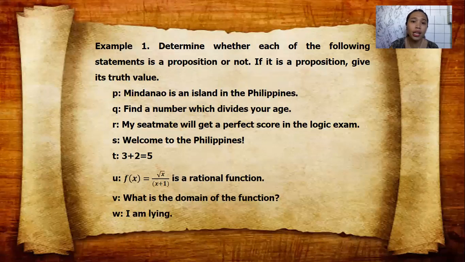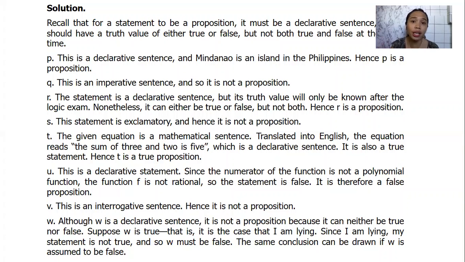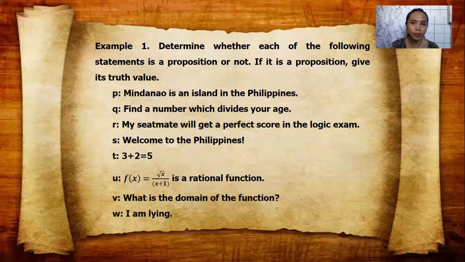So it's actually commanding us or requesting us to find a number. So it is an imperative sentence. So it is not a declarative sentence, therefore it is not a proposition.